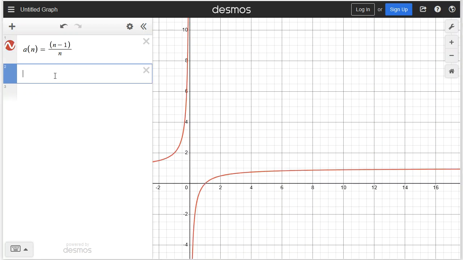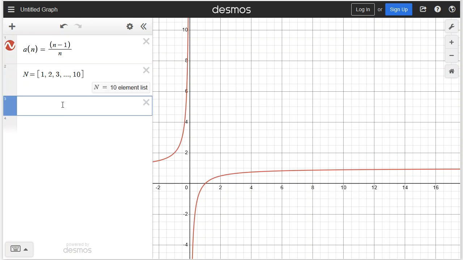So here's how we can tell Desmos to just graph the points that we want. So I'm going to go capital N, and this is to distinguish it from a lowercase n, equals bracket, and I'm going to make a list here. 1, 2, 3, dot, dot, dot, up to, let's go 10. Okay, so I have 10 elements.